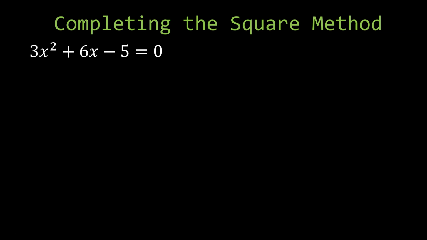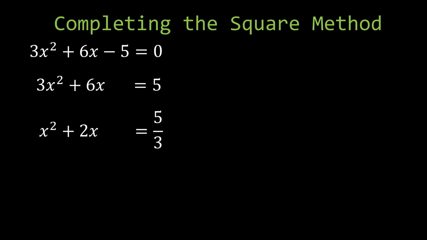The first choice is to complete the square. We've learned how to complete the square before, so here it is. Add the 5 over, divide it by 3, okay? And then half of 2 is 1. 1 squared is 1, so the missing number to make a perfect square is 1. So I'm going to go ahead and add 1 to both sides.